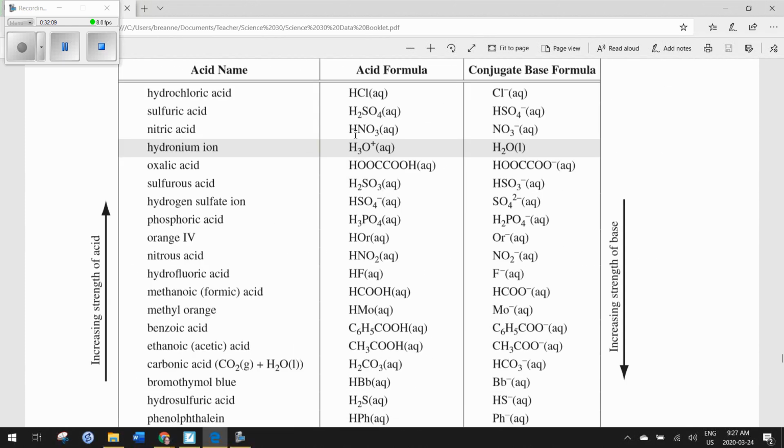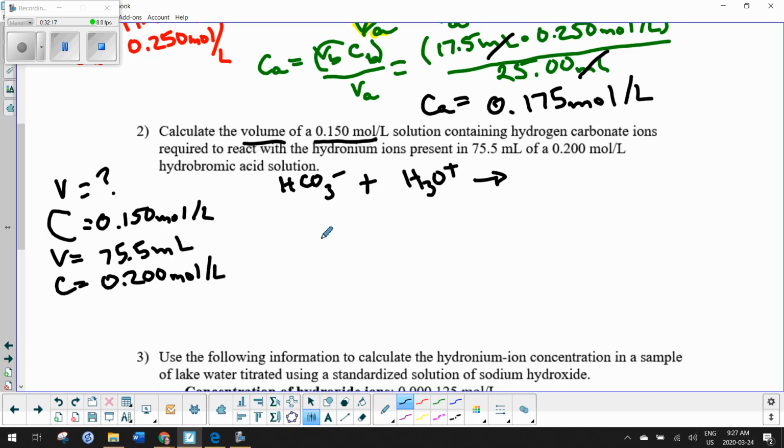Scroll, flip back and forth. H3O plus, HCO3 minus. Okay, so this is my base, and this is my acid. So this means that this is base, this is base, this is acid, this is acid.